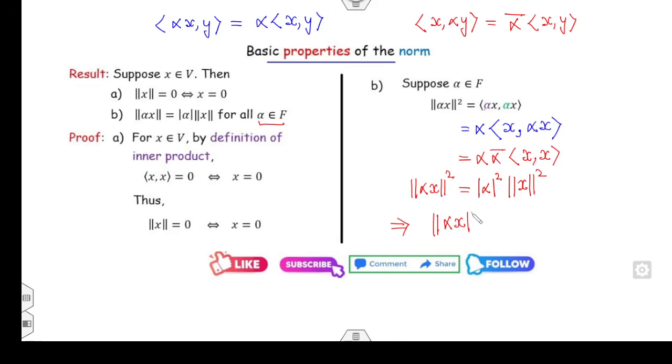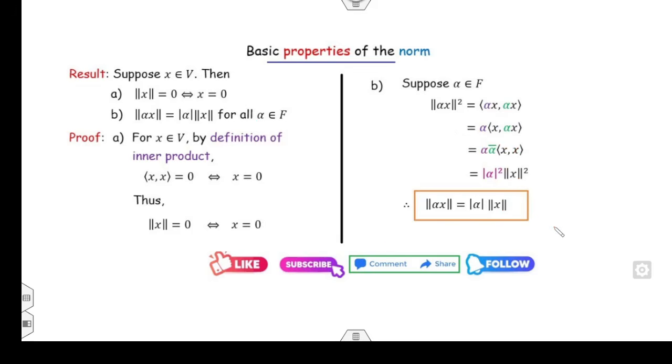So you can see the norm of alpha x is absolute value of alpha times norm of x, which is the required proof of the result. Make sure, students, if alpha is in R, you can change accordingly. In that case, what is the complex conjugate of alpha? If alpha is in R, it is still alpha.